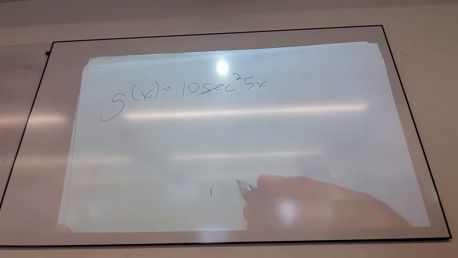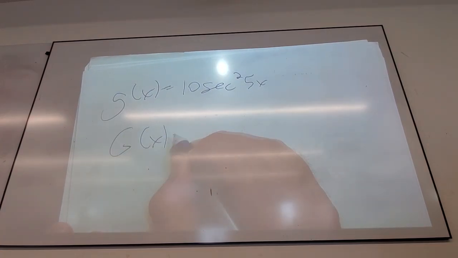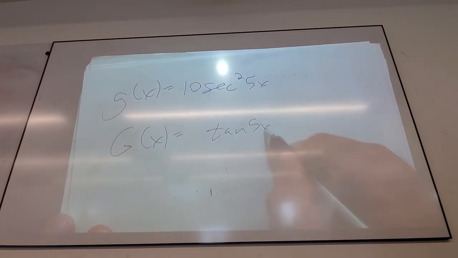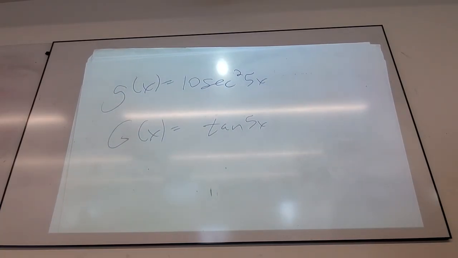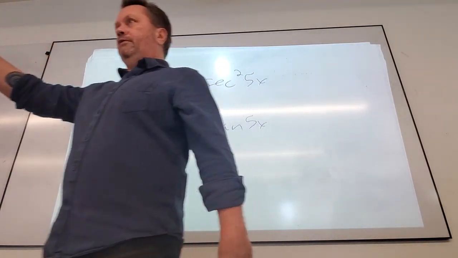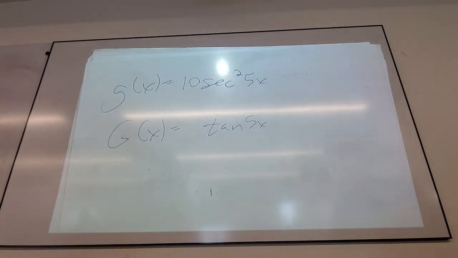Where does secant squared come from? What would G have to include in it? Tangent, because the derivative of tangent would lead to secant squared, correct? So if you put this down just to feel things out, the inside of a function does not change when we do derivatives. Therefore, it does not change when I do the integral.